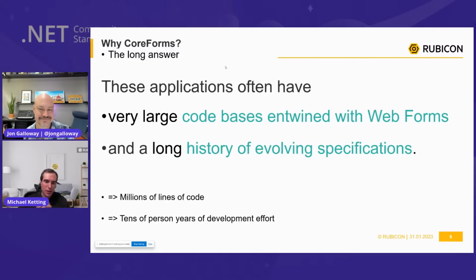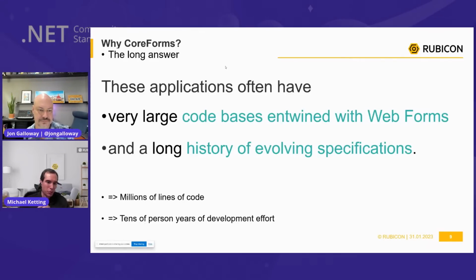So code behind and business logic are pretty much intertwined, and you move from one page to the next. You can't really pull it apart without rewriting everything. And if you want to rewrite it, well, the history evolved over decades. So most of the truth is usually in the code with these applications.